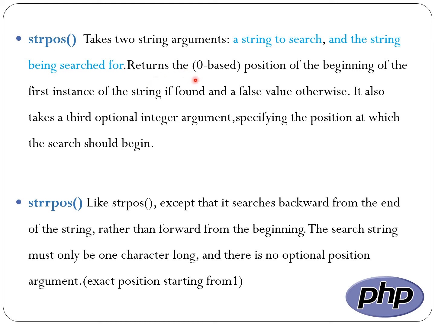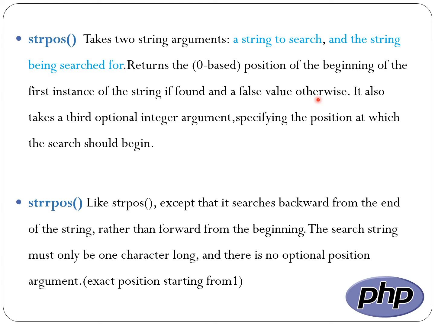Then it returns, this function will return the 0-based position of the beginning of the first instance of the string if found, and a false value otherwise. So strpos will take two arguments. First one is the string to be searched and second is the original string variable.